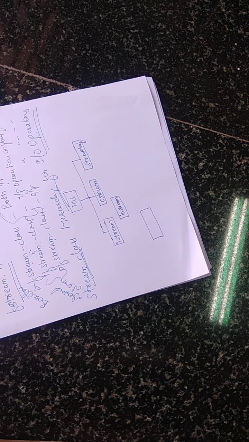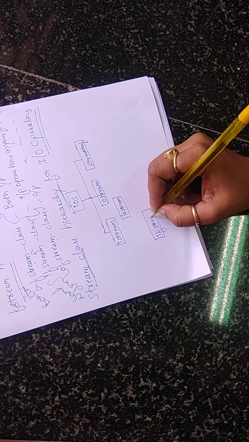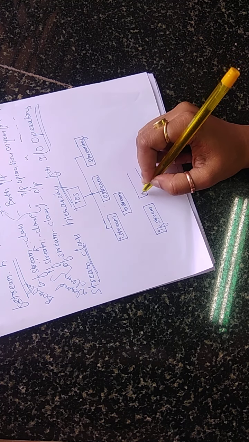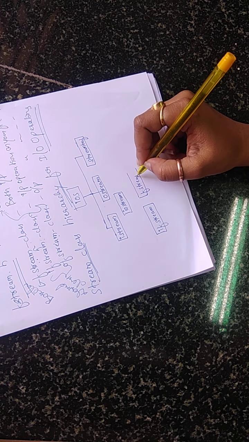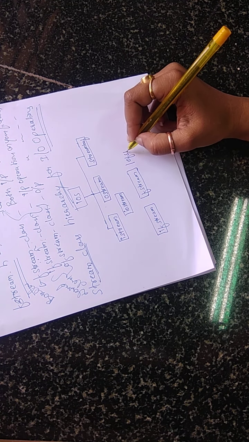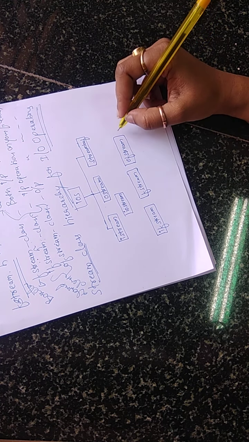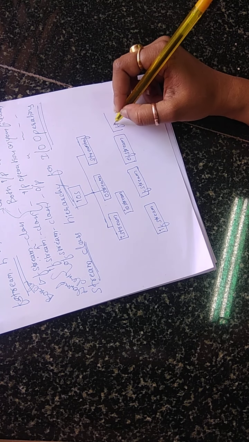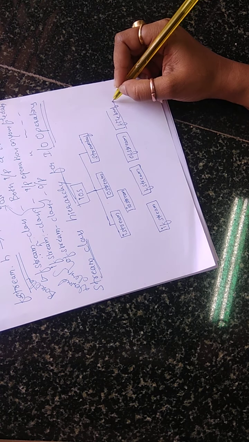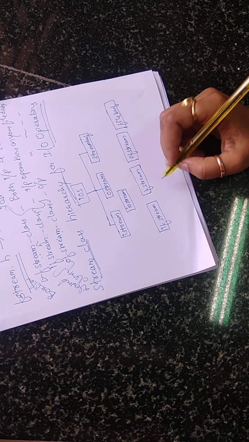So the next level comes, this is ifstream. Then comes fstream, and then comes ofstream, and then comes file buffer.